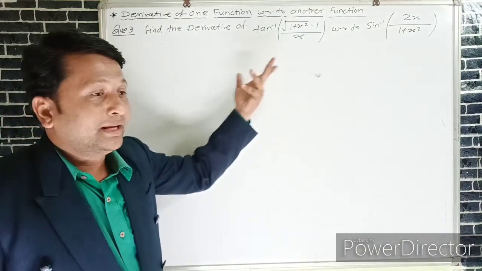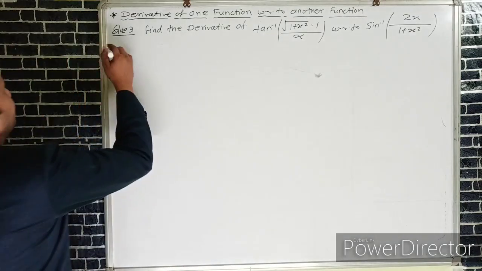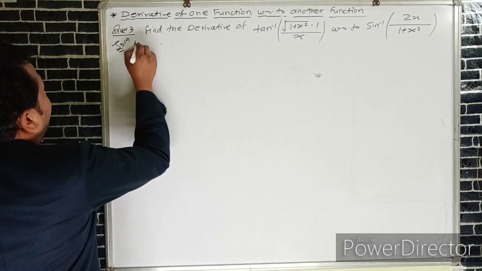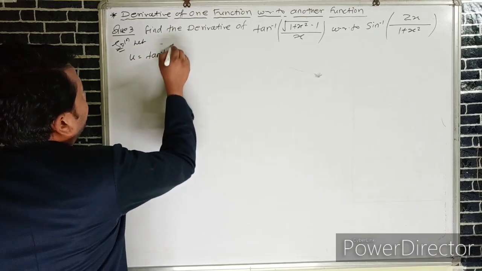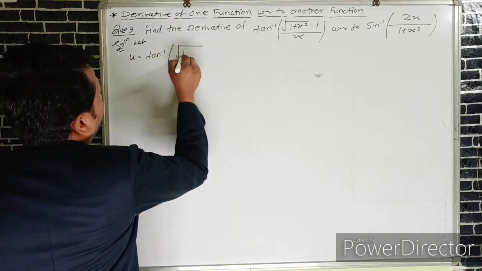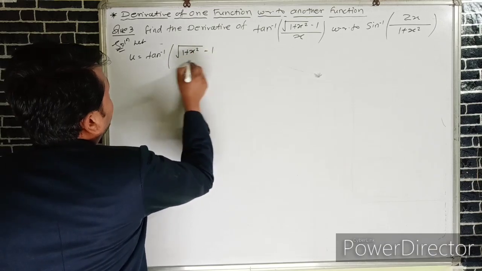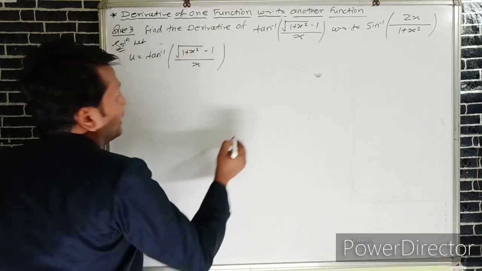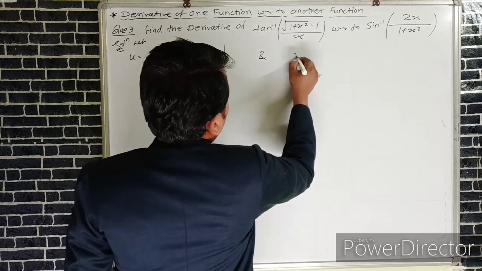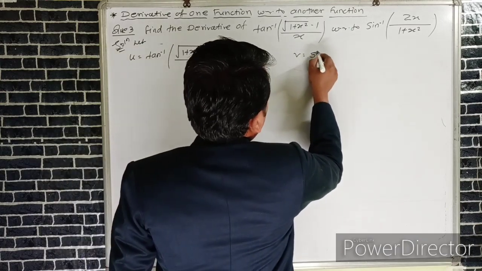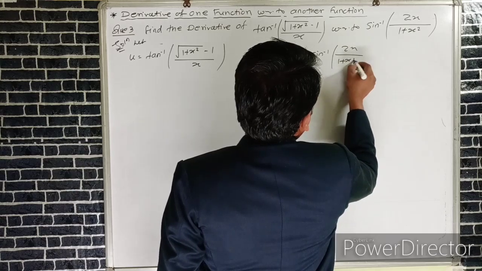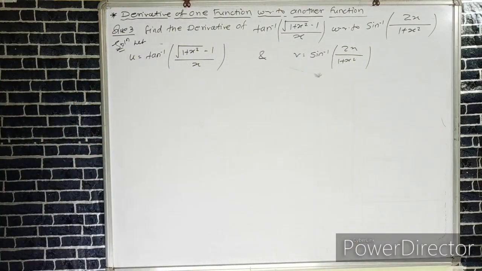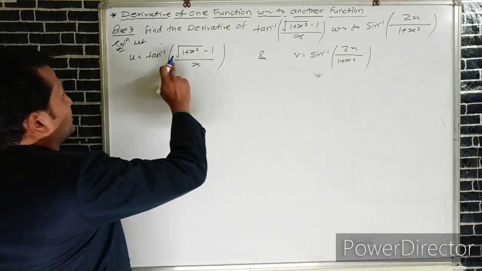First let u is equal to tan inverse of under root of 1 plus x square minus 1 upon x, and the second function v is equal to sin inverse of 2x upon 1 plus x square.